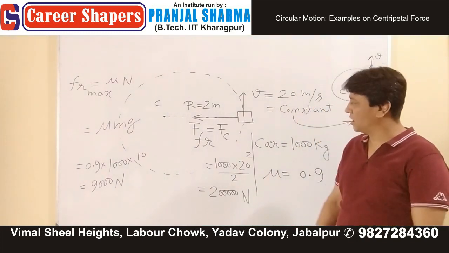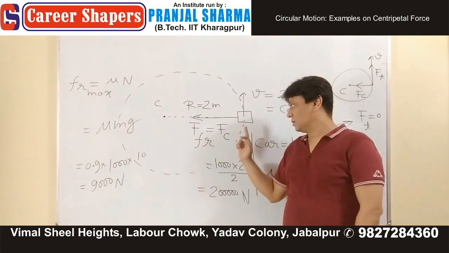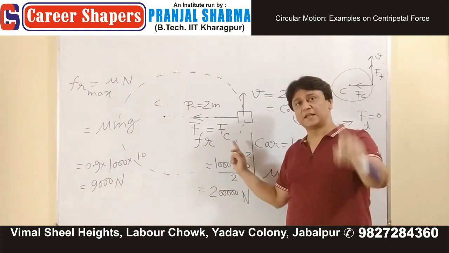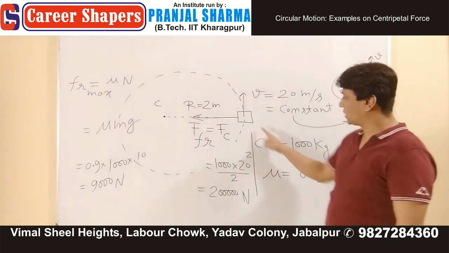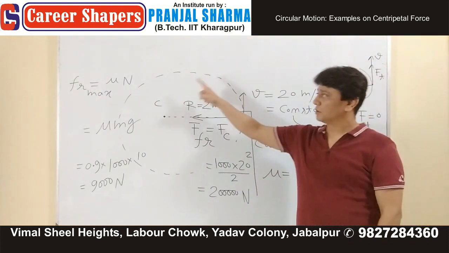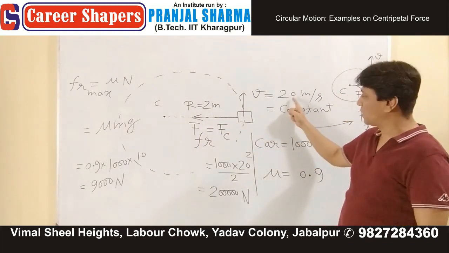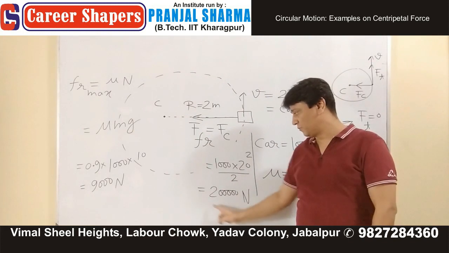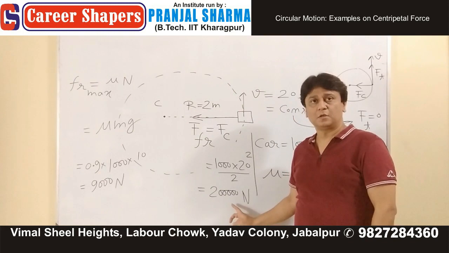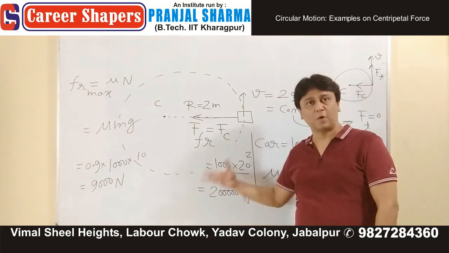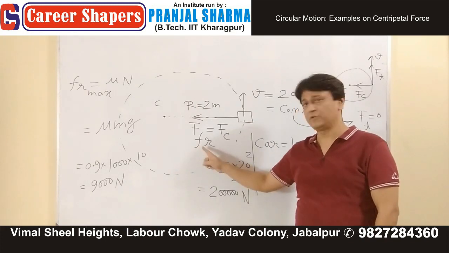I don't know how you are saying yes. What is written here? What is it that provides the necessary centripetal force? Force of friction. For this car of 1000 kg to make a circle of radius 2 meters with a speed of 20, the centripetal force should be 200,000. This is the centripetal force required. Now, what can fulfill this requirement? Force of friction.